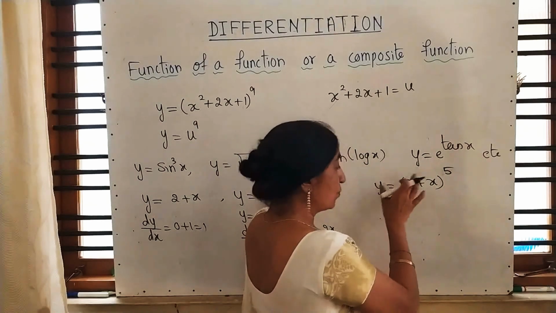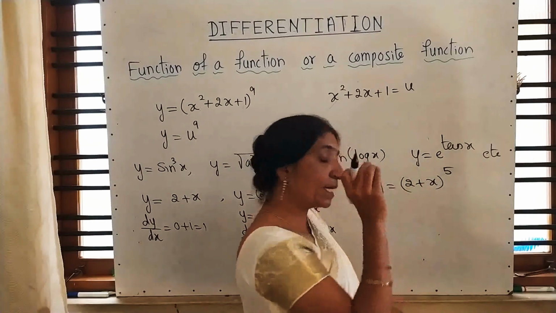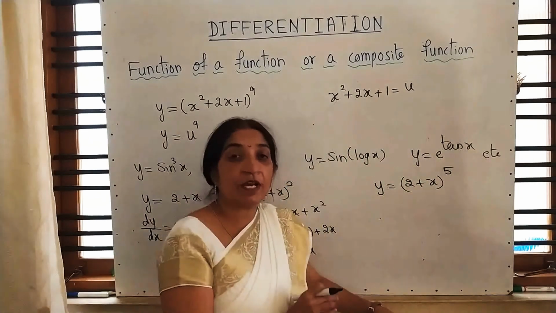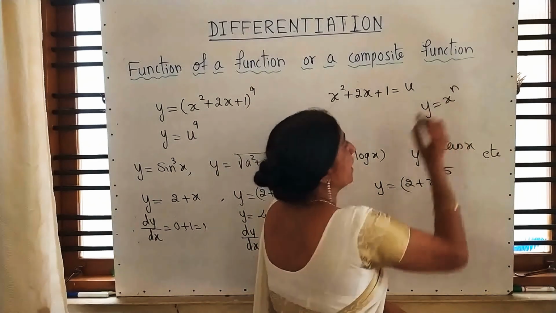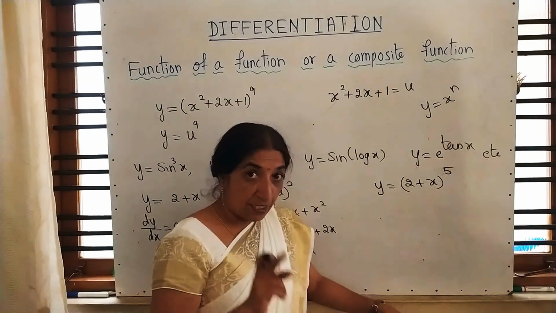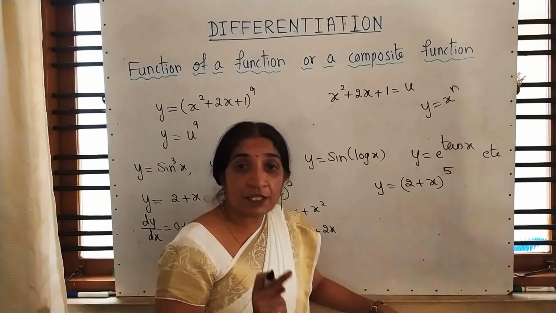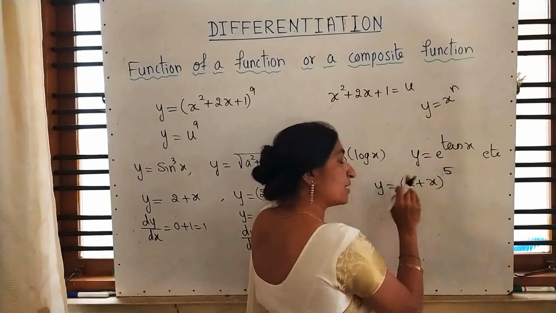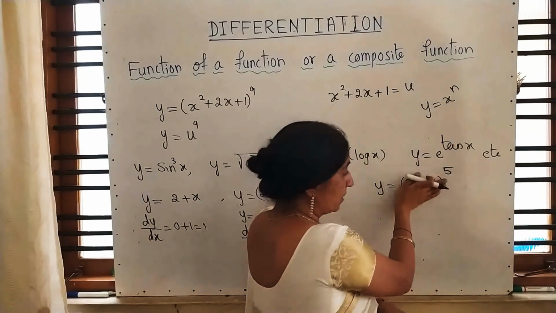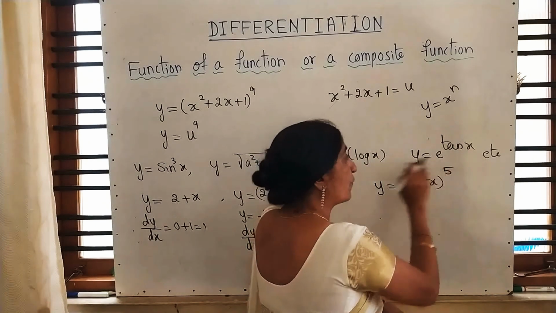When you see this problem, which formula automatically comes to your mind? It is in the form of x to the power n. Whatever the base is, just leave it. Consider it as a single thing. Just imagine it is a single x raised to n.